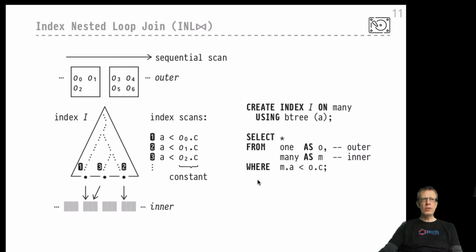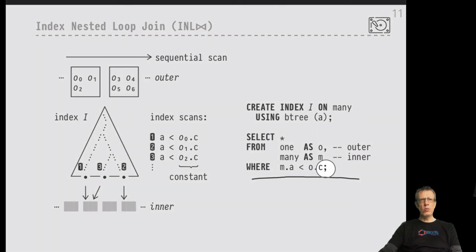So let's look at the sample query that we are going to evaluate here. Well, there's of course the one and many tables, and the rows have been assigned as being outer and inner in this fashion. Okay, so if this is a join condition that should turn into an index lookup condition, well, then we are looking for an index support on either outer or inner that can support such comparisons here.